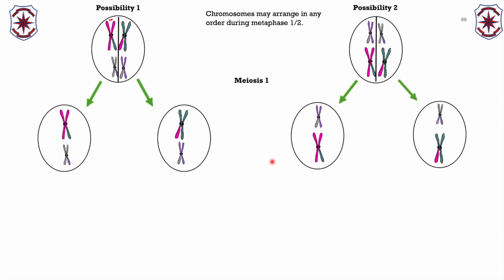They are different because the way in which the homologous chromosomes line themselves at the equator was at different combinations. So they will be pulled to the opposite poles of the cell in different combinations, and then the daughter cell will also contain different combinations of chromosomes with different combinations of genetic material.